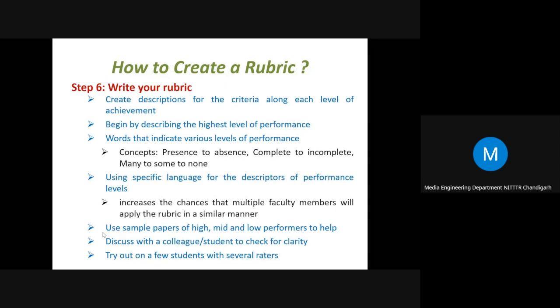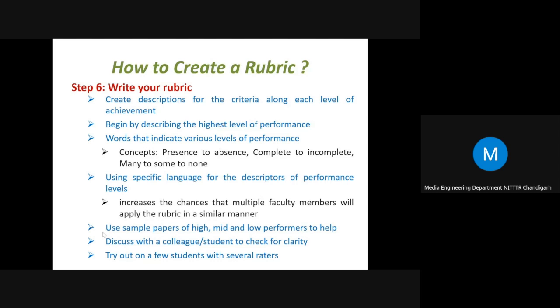There should be a flow when we move from highest to lowest level. We can use specific language if we are designing a very task-specific rubric. That will increase the chance that multiple faculty members will apply the rubric in a similar manner, if certain terms are there for a particular subject.